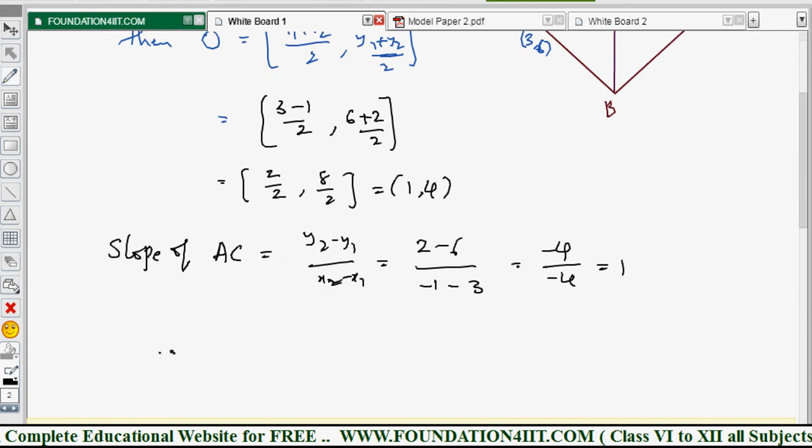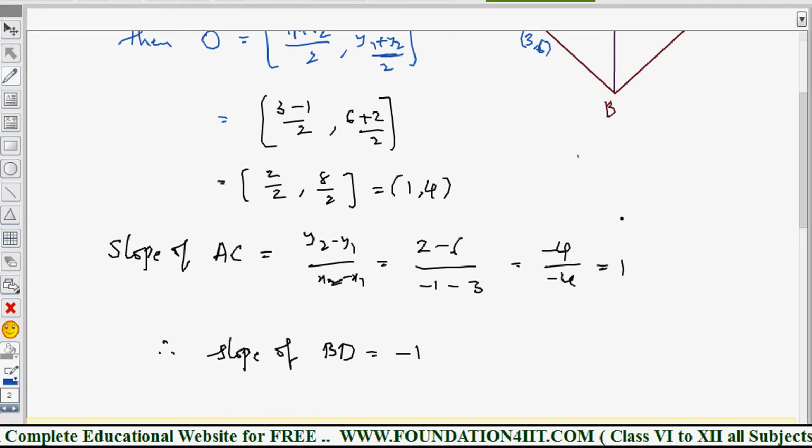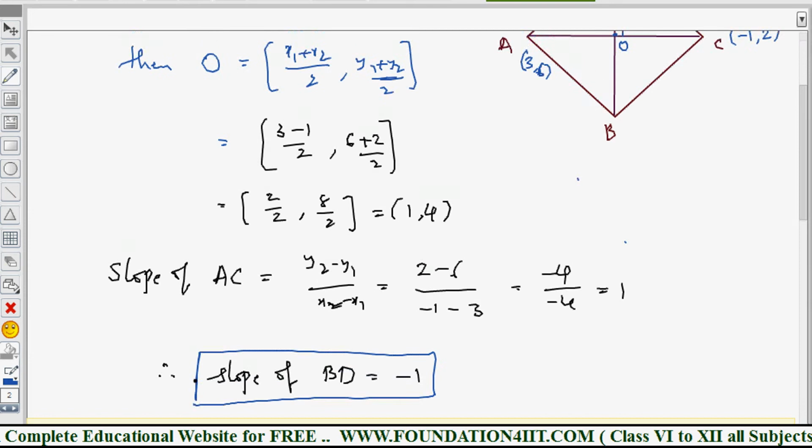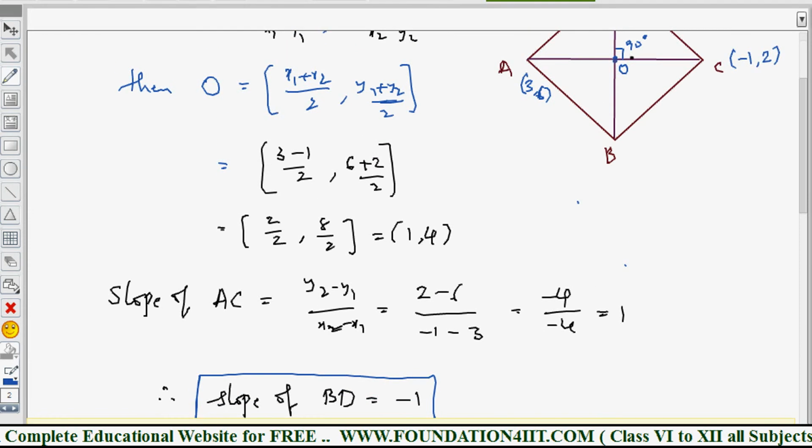Now when the slope of AC is 1, we can find the slope of BD. So that is the reciprocal of this number with a negative sign. That is minus 1. Then the slope of BD is minus 1. Now when we have the slope and the point, so we know the point O, right?